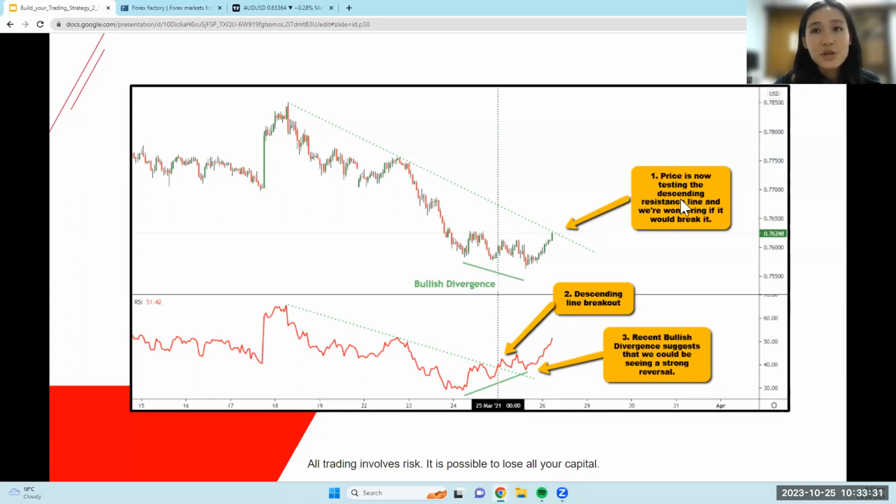So first point, price is now testing the descending resistance line, which is basically a descending trend line, and we're wondering if it will break out of it. But we see RSI descending line breakout over here right before this. And number 3, the recent bullish divergence further suggests that we could be seeing a strong reversal or breakout of this descending trend line.